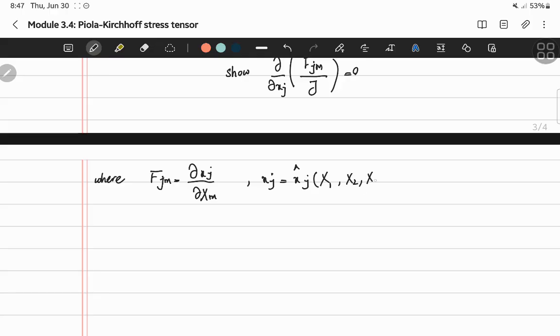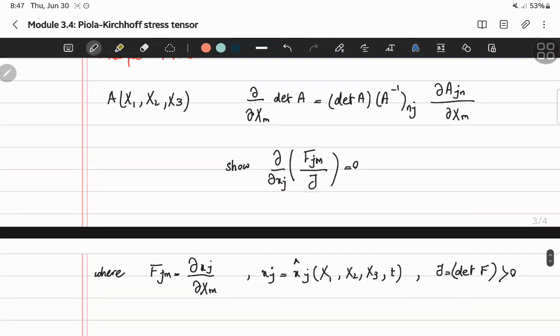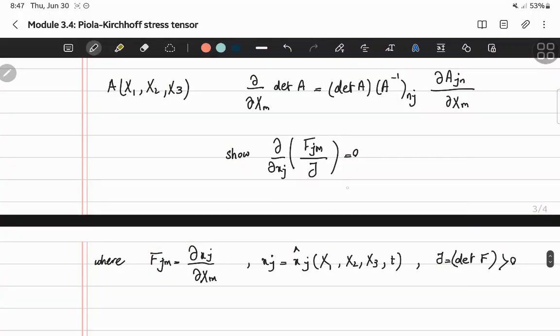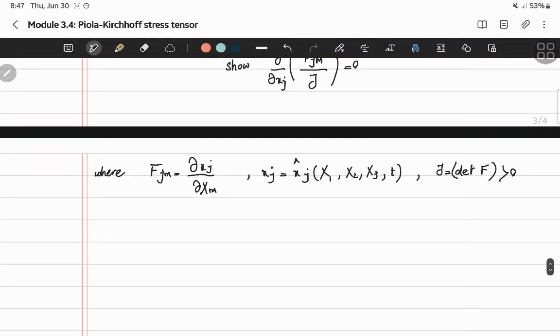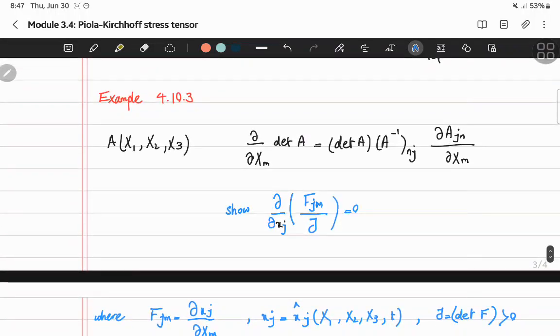It's a function of X1, X2, and X3, and also t, and J is the determinant of F, and it's basically a positive value, so it's not equal to 0. Right, so we're going to start from here in the solution. Let me just change the color of this so you can differentiate between the solution and the problem statement.